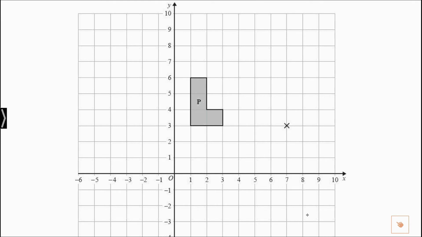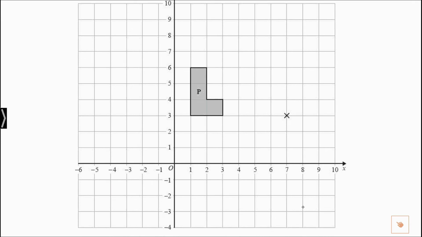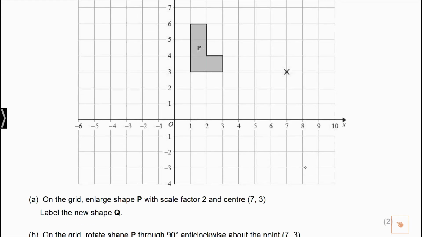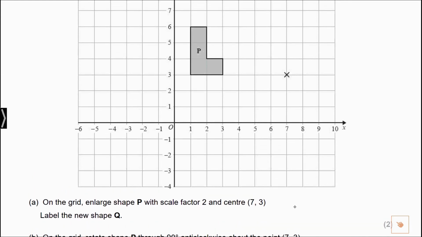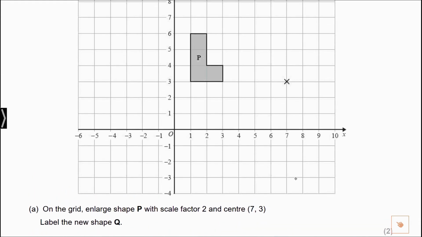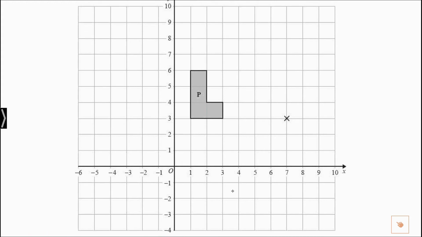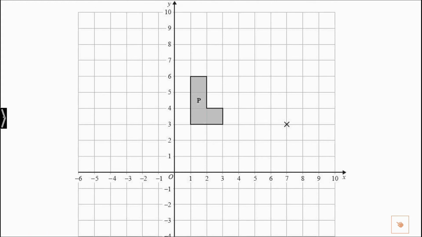All right, number 23, we have this shape. And the first question is on the grid, enlarge shape P with scale factor 2, center 7, 3. So the center is marked here, 7, 3. Now we want to enlarge this shape. The process is similar to the previous question.